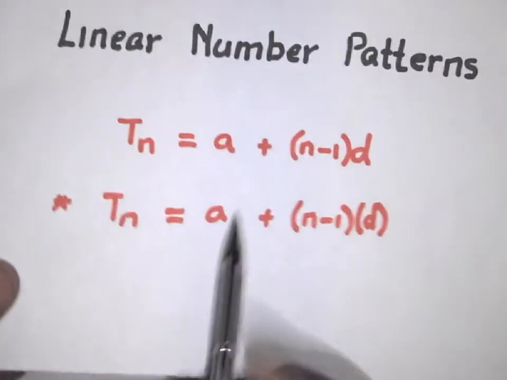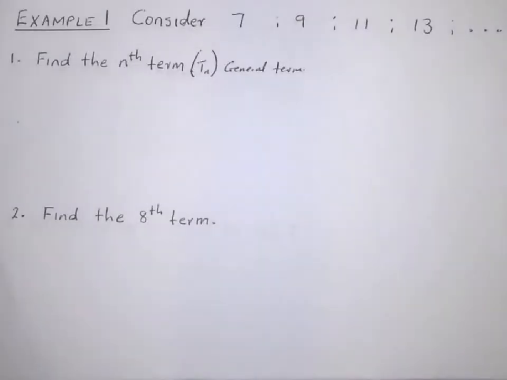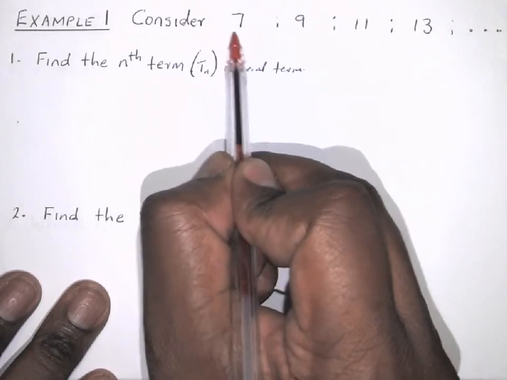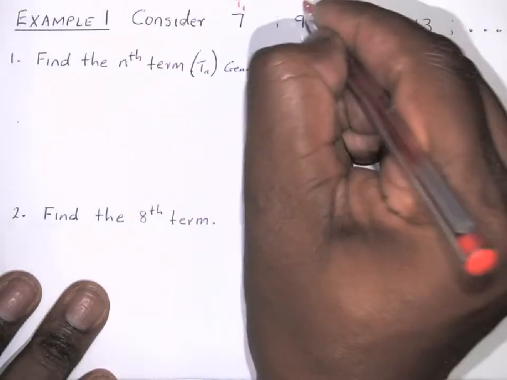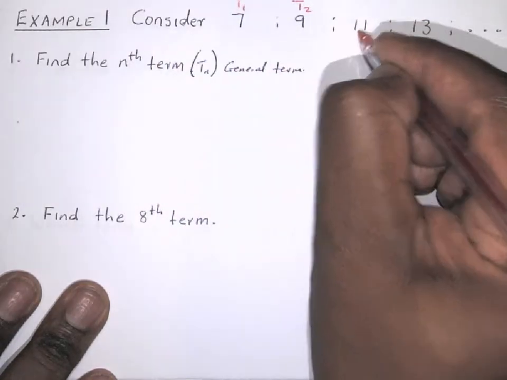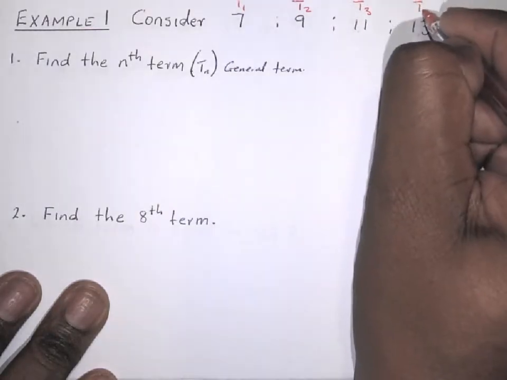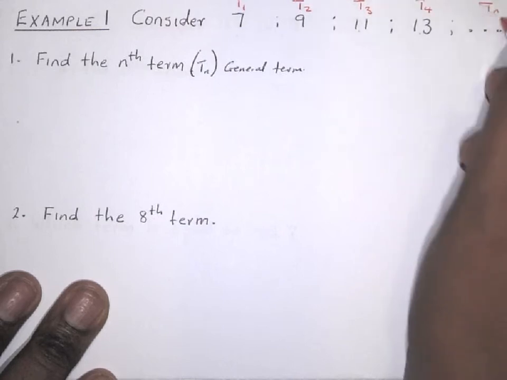So we use this formula. Right? Now, let's go back to what we have. That is the first term, sometimes we can say this is T1. So that's the second term, this is T2. That's the third term, this is T3. That's the fourth term, this will be T4. So the nth term would be somewhere, any term, Tn there.